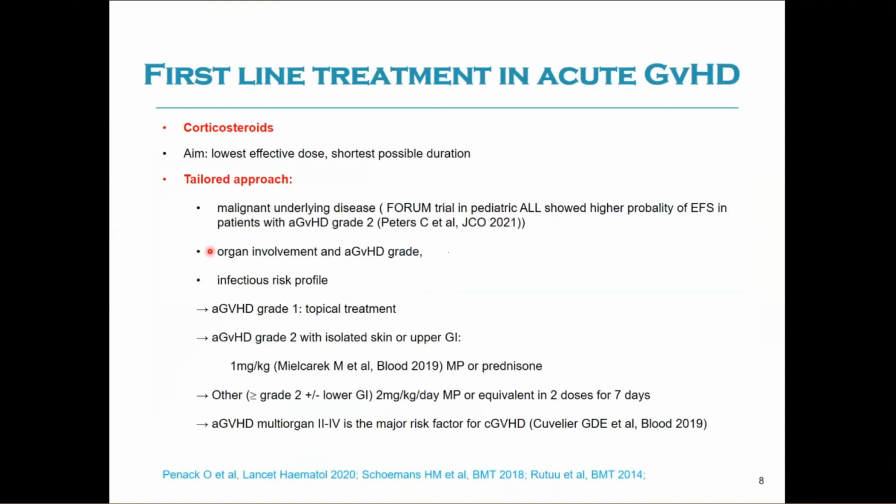So secondly, this tailored approach should take into account the organ involvement and the GVHD grade, and also the infectious risk profile of the individual patient. So in malignant diseases, grade 1 acute GVHD includes topical treatment.